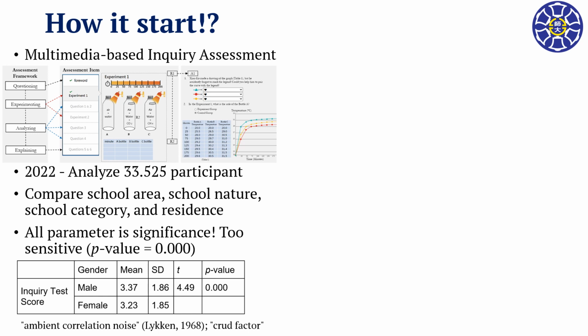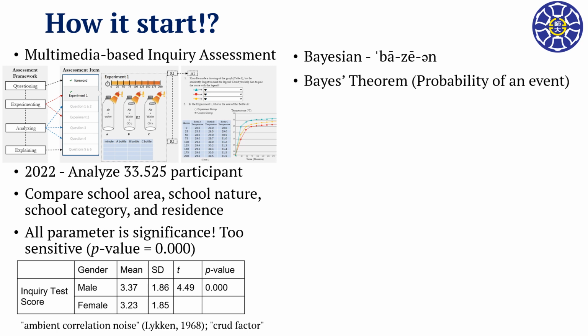In fact, too many participants is actually good. If you have more, it should be good. But in statistics, something is supposed to be wrong. I didn't know at the time, so I tried to discuss it with Professor Chang. Professor Chang suggested that I use Bayesian.